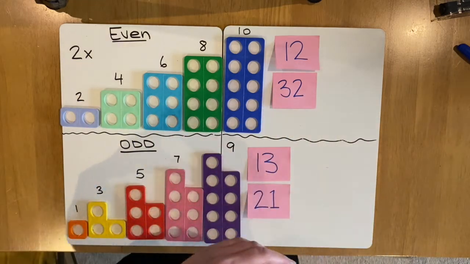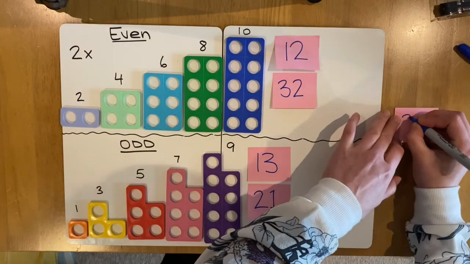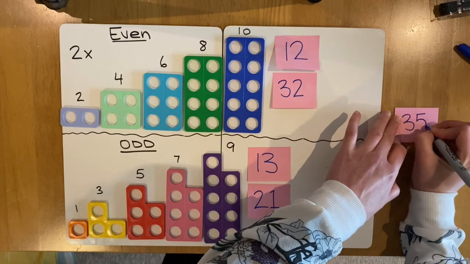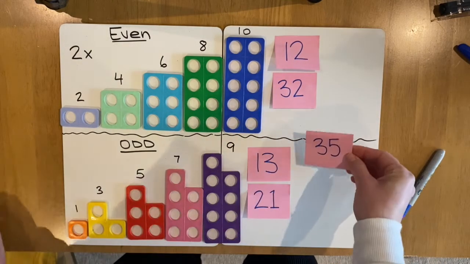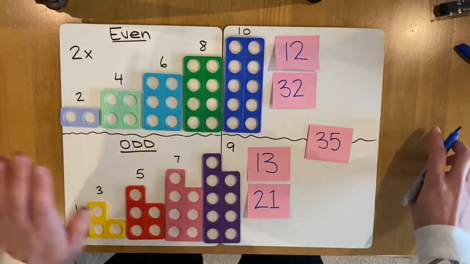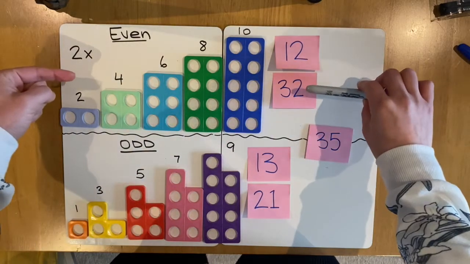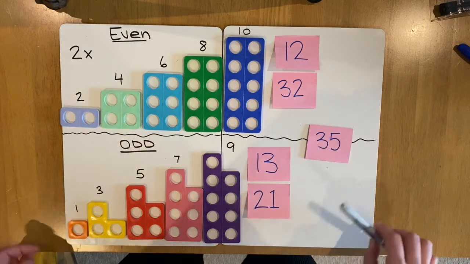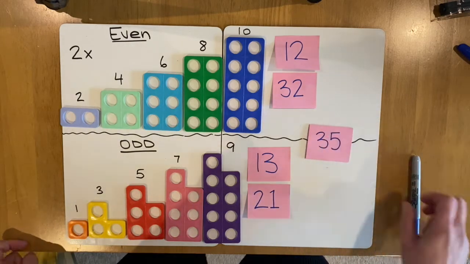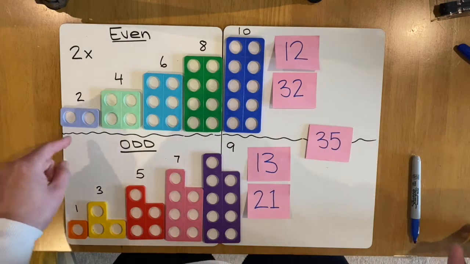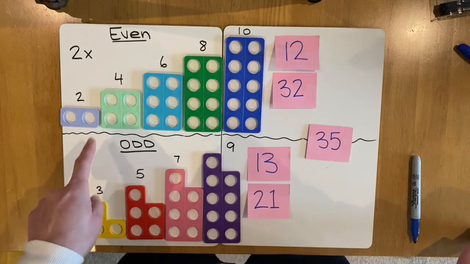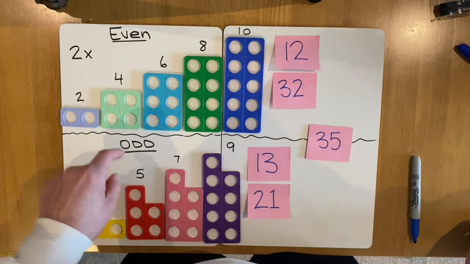Let's do another example. Let's do 35. What do you think? Pause the video, have a think. Is 35 even or odd? Okay, we're not going to start from 2 because that will take us ages. Let's start from the number 20.